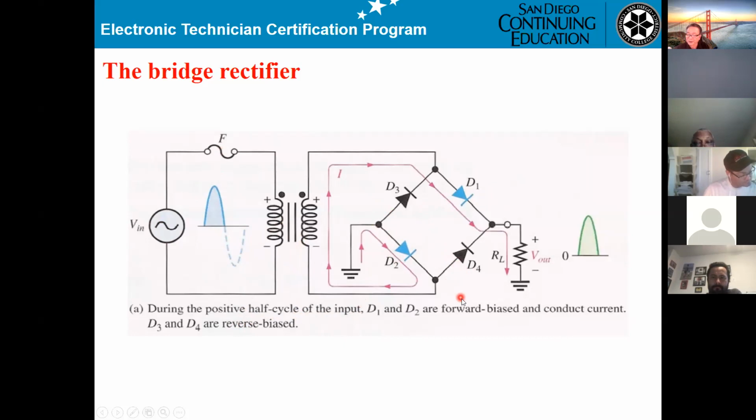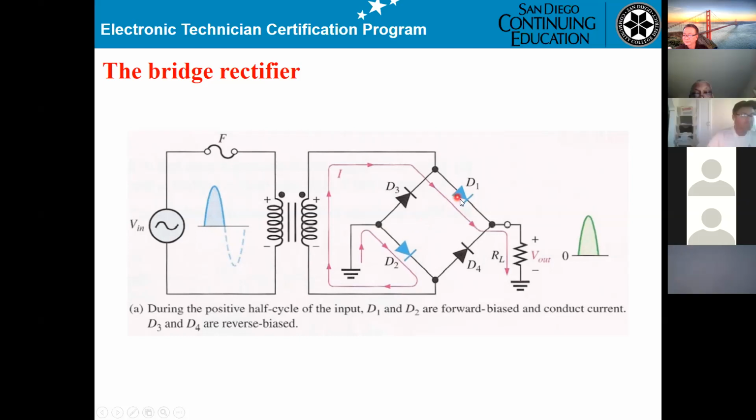Now, my question here, how come D1 is on at this positive? D1 will be forward biased. Yeah, I know it's forward biased, but how are they on? Because it's in parallel with D2? No, we're talking about D1.